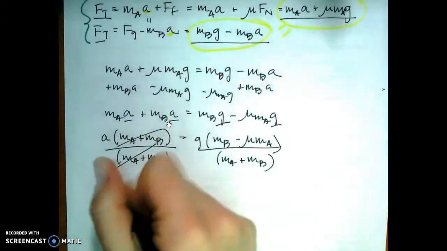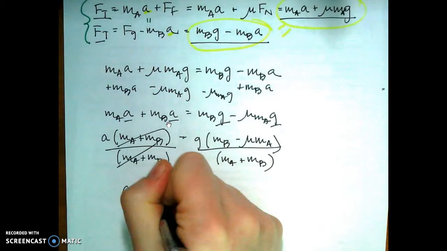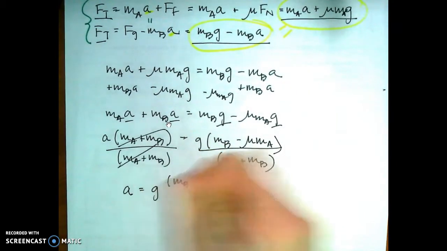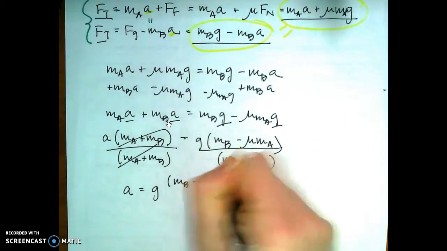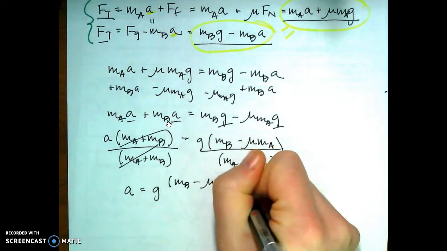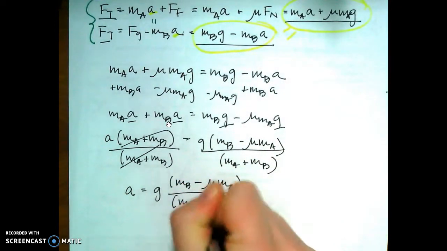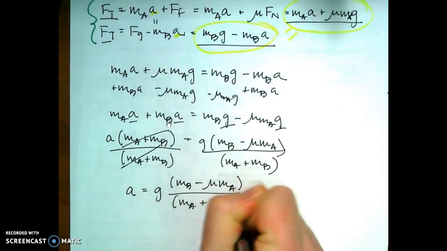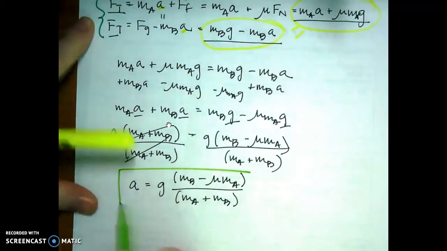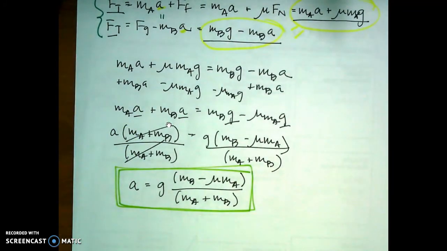I've got, for my acceleration of our object, it's equal to the acceleration of gravity times mass of object B minus the coefficient of friction times the mass of object A, over the sum of the masses of our system. That is the correct equation for the acceleration your objects are experiencing.